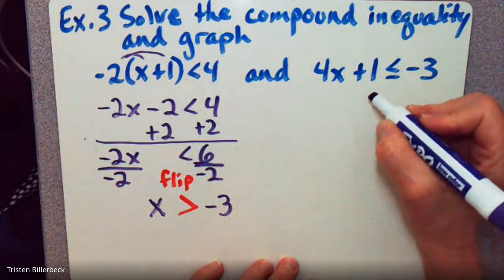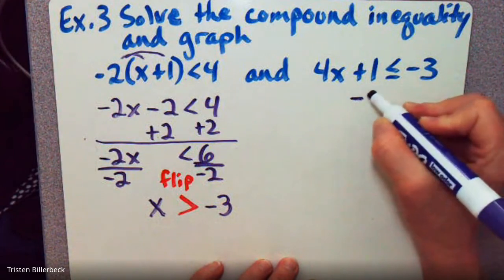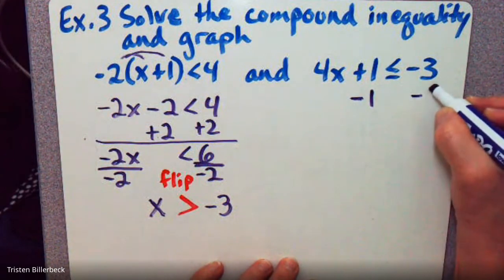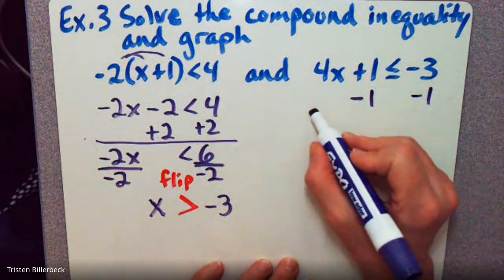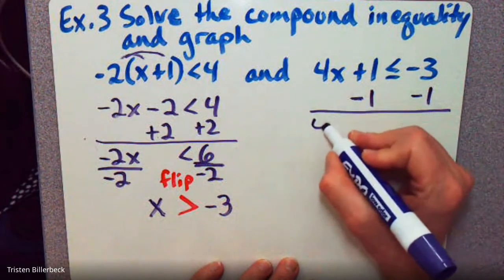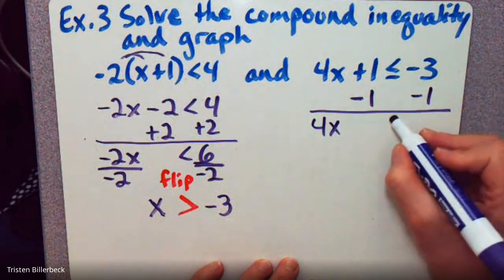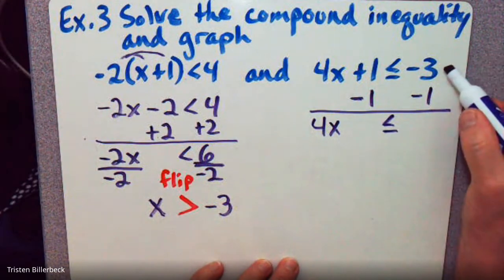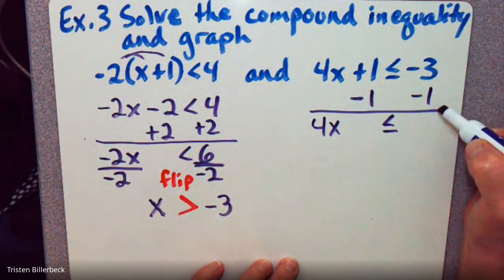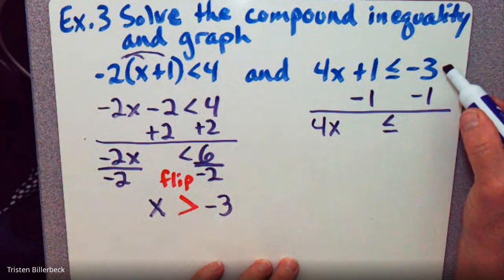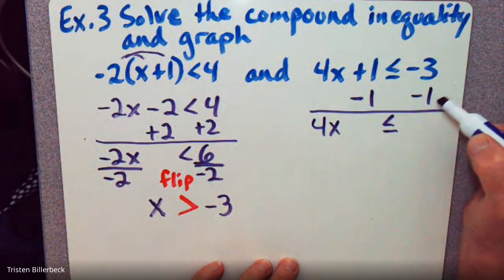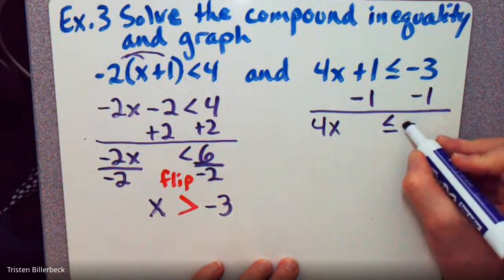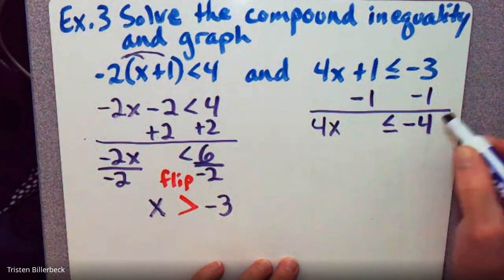All right, here this side, we're just going to use an additive inverse here of -1 and -1. And we have 4x is less than or equal to a -3 plus -4. It's like having -$3 in the bank and you spent another dollar. You are more in debt. So it's -4.